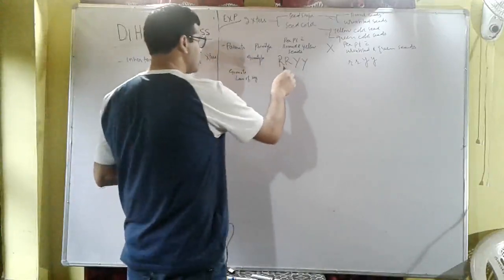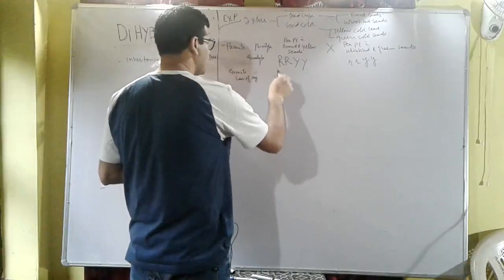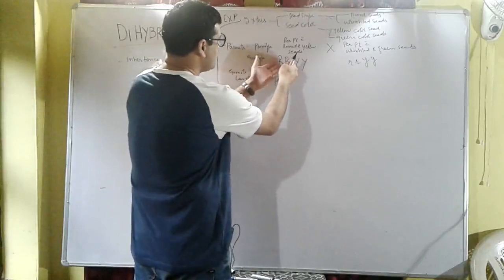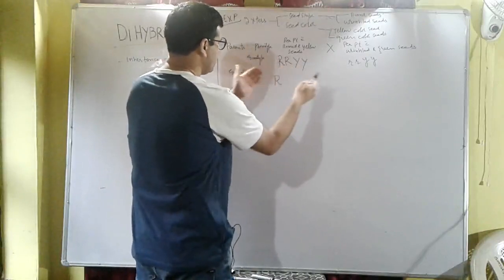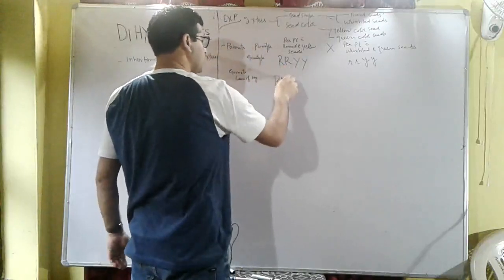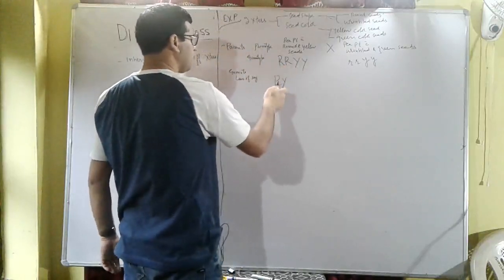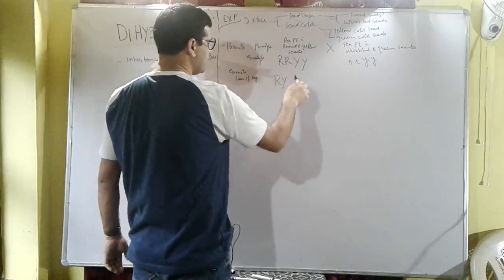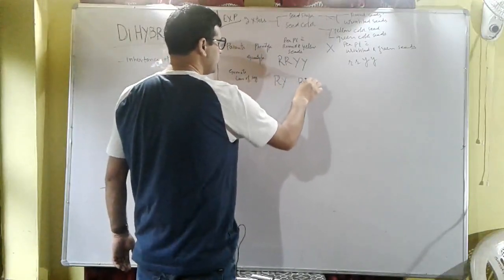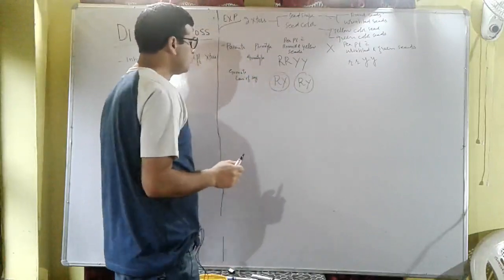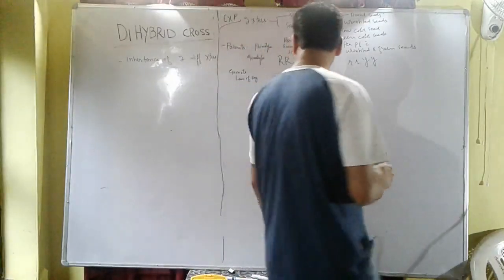So it would be like this. We have capital R, and these two alleles of a gene will separate. We have one gamete whose genetic constitution is capital R, capital Y. Another gamete has this genetic constitution. So these are two gametes which are formed.